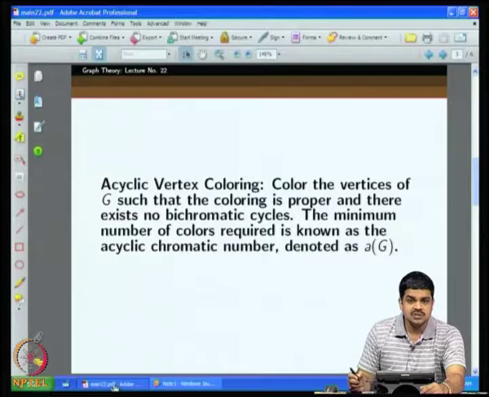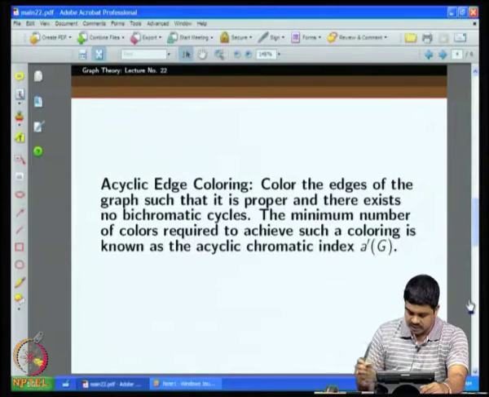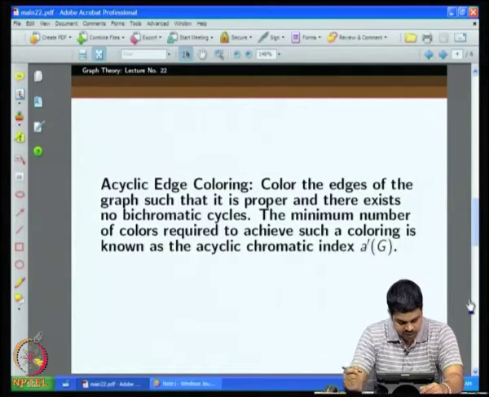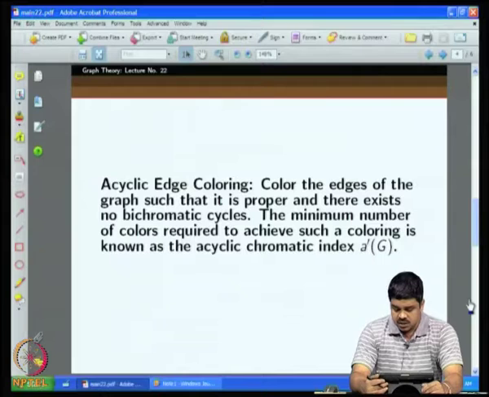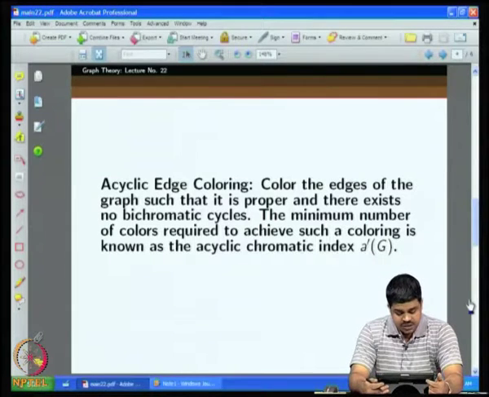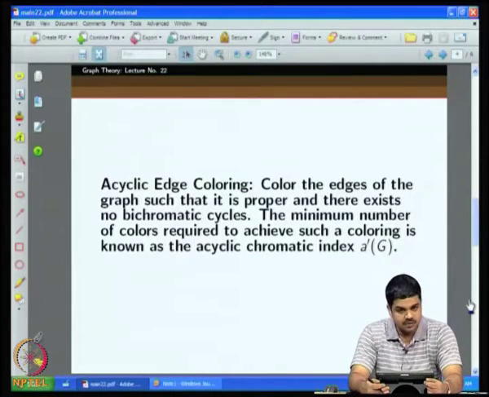So, let us also discuss a variation of the problem, an edge version, which is cyclic edge coloring. The question is to color the edges of the graph such that, of course, we want the coloring to be proper as usual.